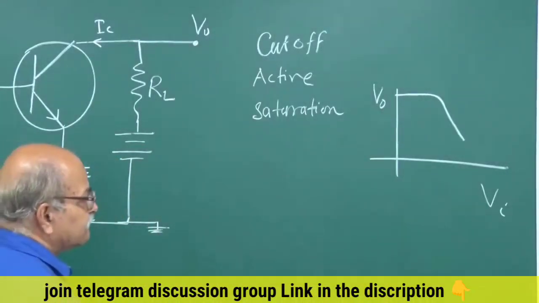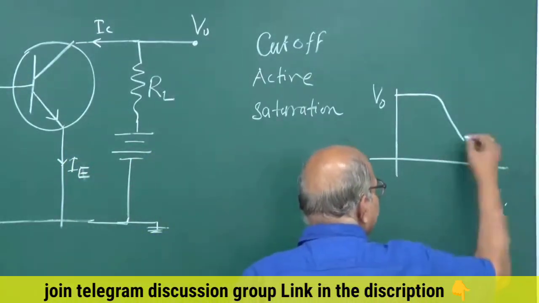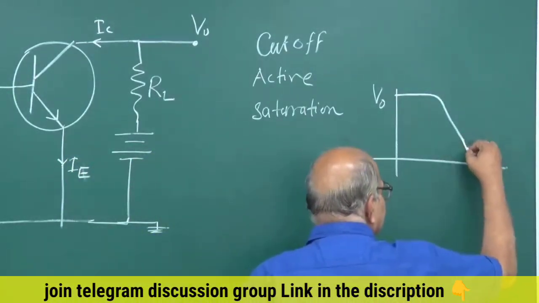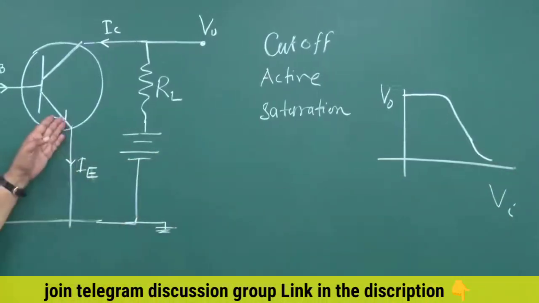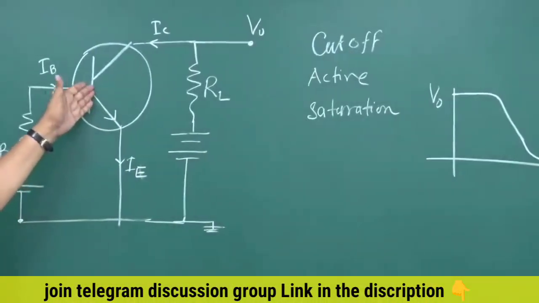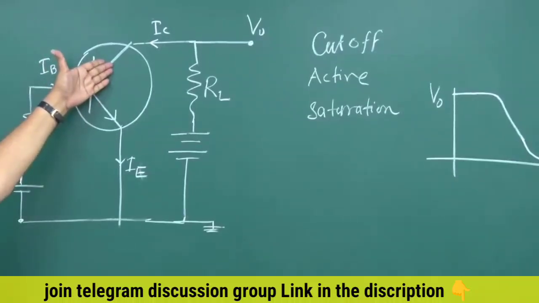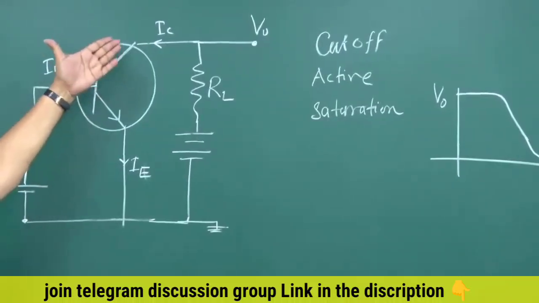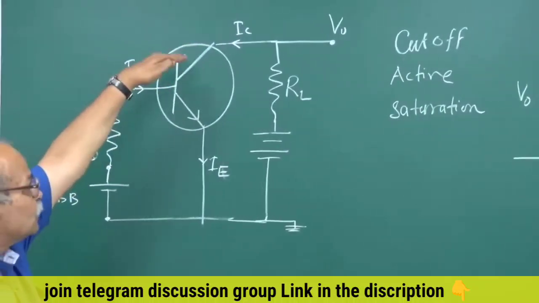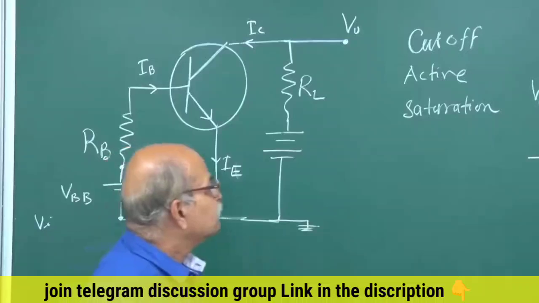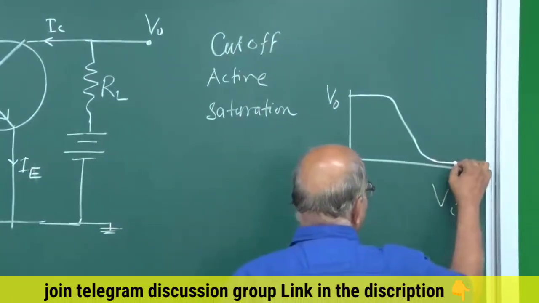So this is the active region, and then once you have a lot of VI, the charge injection, carrier injection, is so big that this is no more able to draw the current, increase the current. So the current remains close to that maximum, and therefore the voltage drop becomes constant and very close to 0, like this.